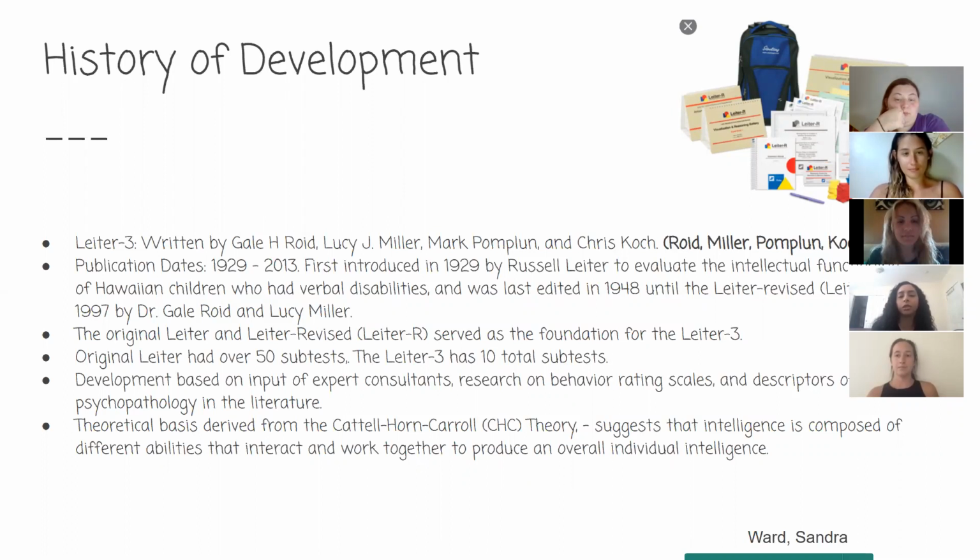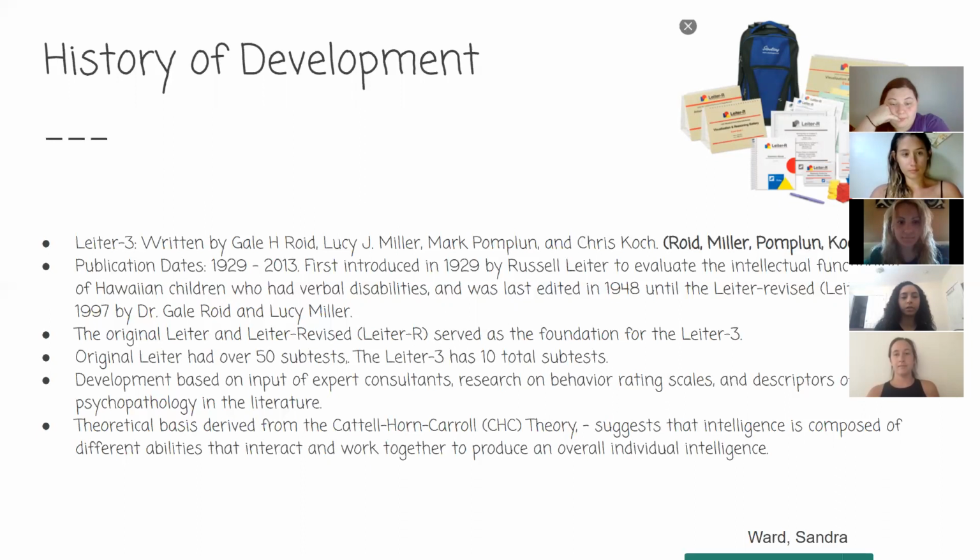It was first introduced in 1929 by Russell Leiter to evaluate the intellectual functioning of Hawaiian children who had verbal disabilities, and was last edited in 1948 until the Leiter Revised in 1997 by Dr. Gale Roid and Lucy Miller. The original Leiter and Leiter Revised served as the foundation of the Leiter-3. The original had over 50 subtests, and the Leiter-3 has 10 subtests.